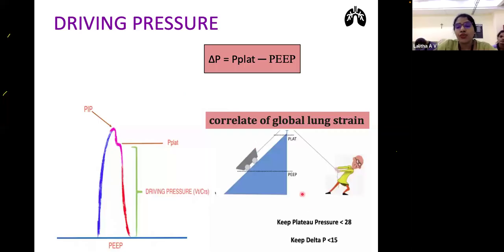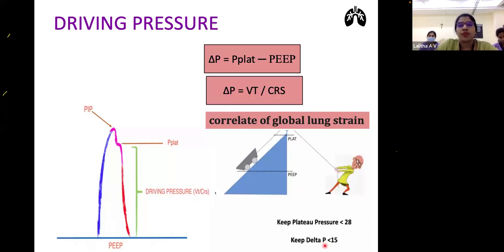Anything between 13 to 15 is acceptable. So remember this, whenever you are ventilating ARDS, some of these pressures one needs to monitor: P plat less than 28 and driving pressure less than 15. So however much PEEP you set, if the P plat is less than 28 or the driving pressure less than 15, the patient or the lung is in a safe zone.